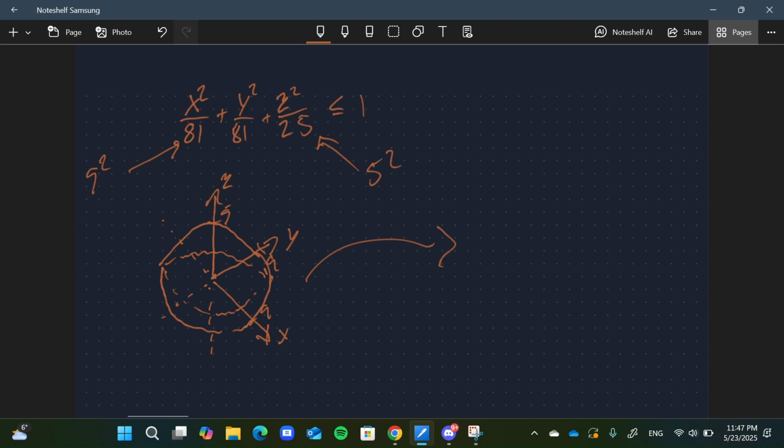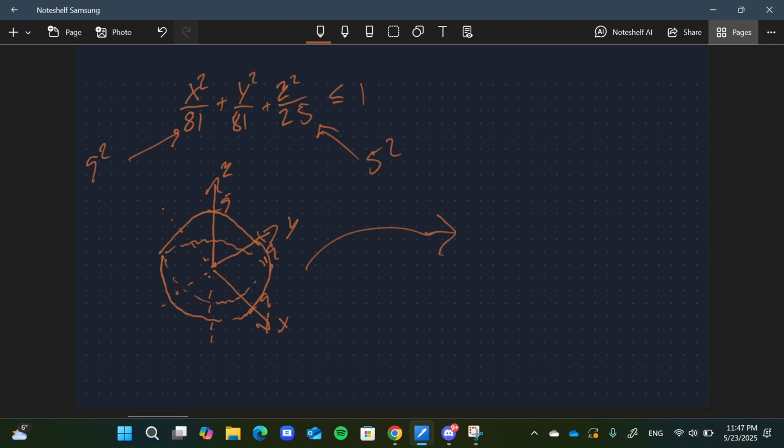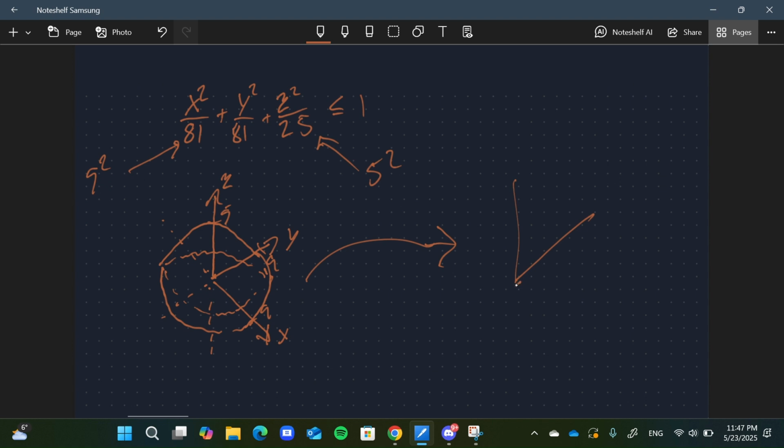What we will do is make a smart substitution where we get these variables u, v, and w, which will get us an equation where we have a sphere with the radius 1 in all directions. And this will be a linear transformation.